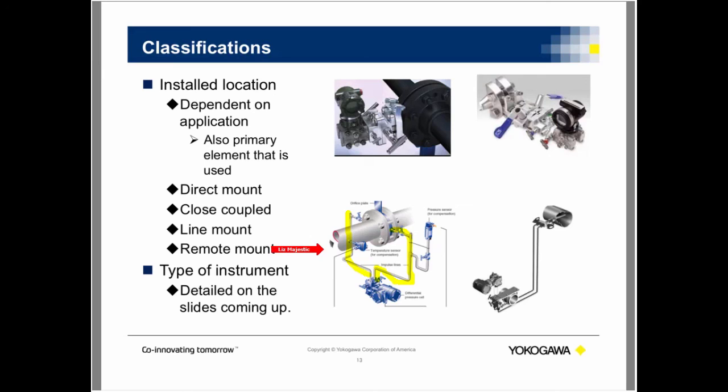The two most common are the direct mount and the remote mount. The remote mount I see more often. And this one is used in a Varibar application. So you have a transmitter, a manifold, and then a Varibar. Mainly customers use this manifold setup, or this installation setup, for maintenance convenience.